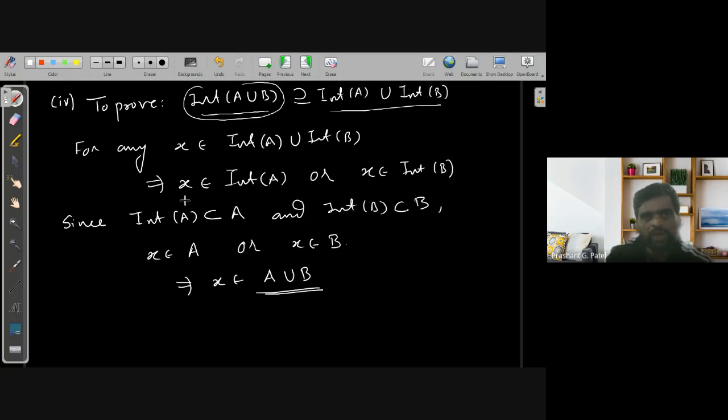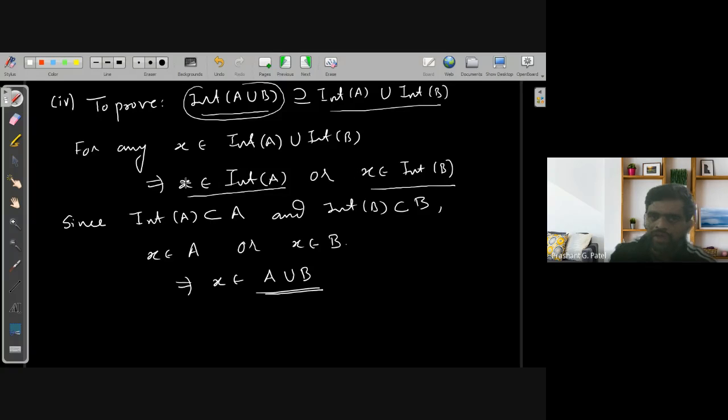So now there will be two possibilities. Sorry, either X is in the interior of A or X is in the interior of B. Those are the two situations we have.